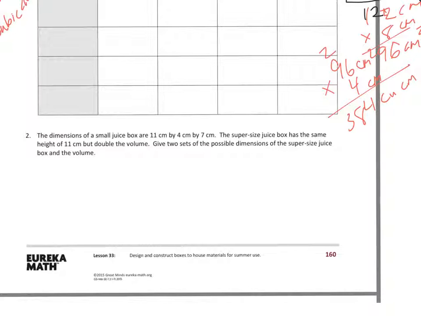So this is a little challenging at first. So I'm going to multiply to find the volume of the small juice box first, because the big one is double, meaning I have to multiply by 2 once I get my whole volume. So if I multiply these out, whatever I get, I multiply by 2.